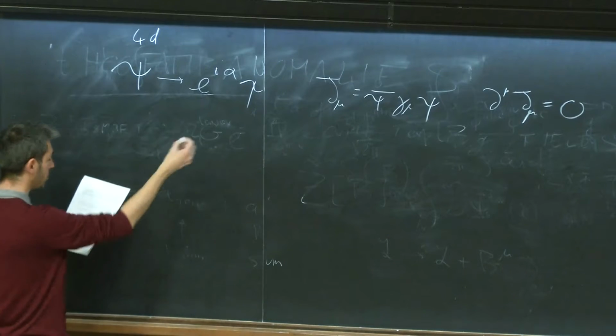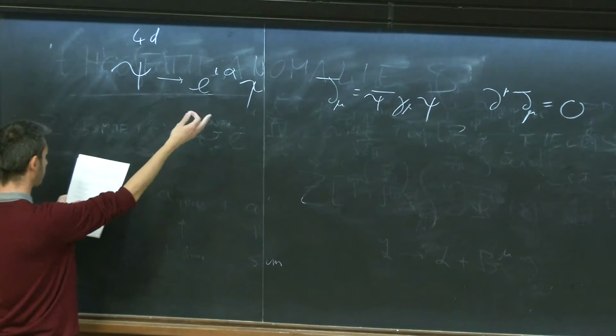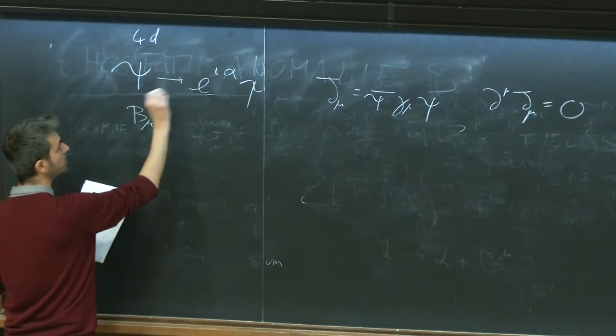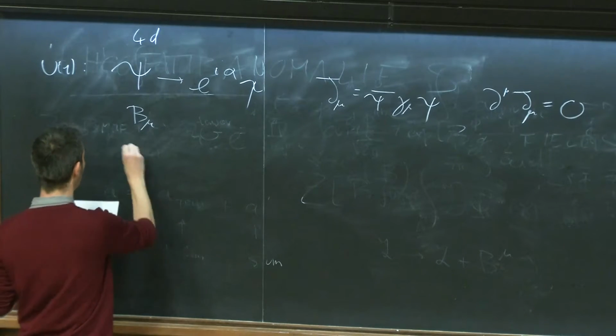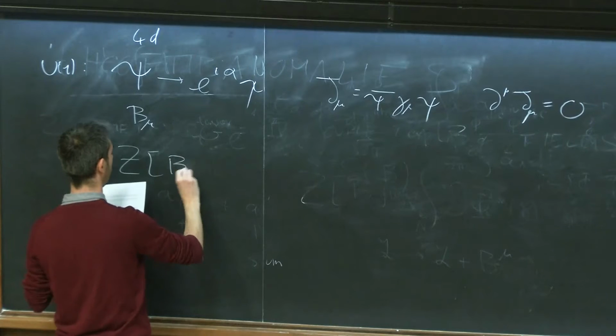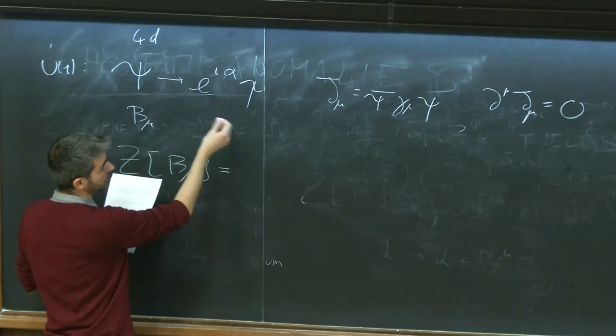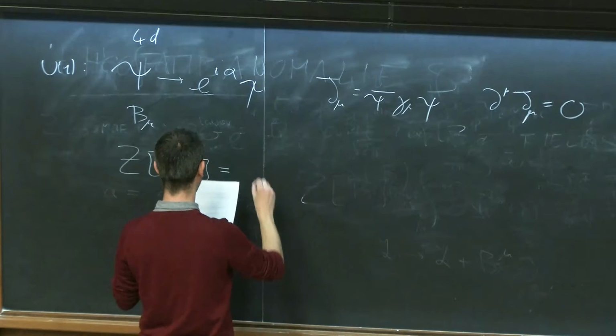However, we can try to couple this theory to some background field because we have this U(1) symmetry. So we couple to a background field, B mu, and we compute the generating function. Well, this partition function is the generating function of current correlators.